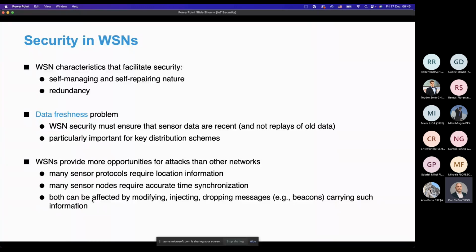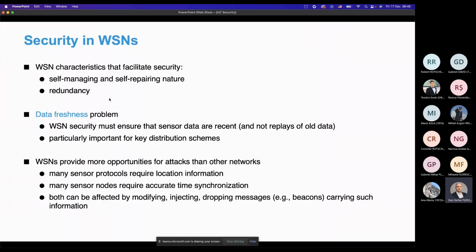So, for example, if you have a self-managing or self-repairing structure for your IoT application, then you can use that to your advantage. And the fact that you have multiple nodes, maybe hundreds, thousands, or tens of thousands of nodes, means you have a high degree of redundancy in your system.